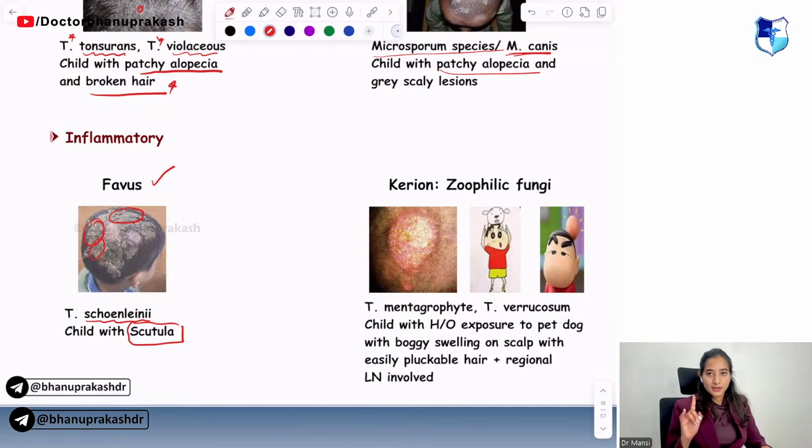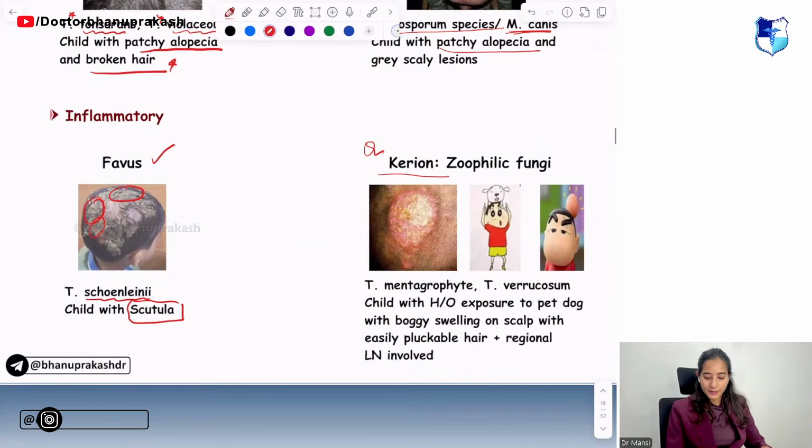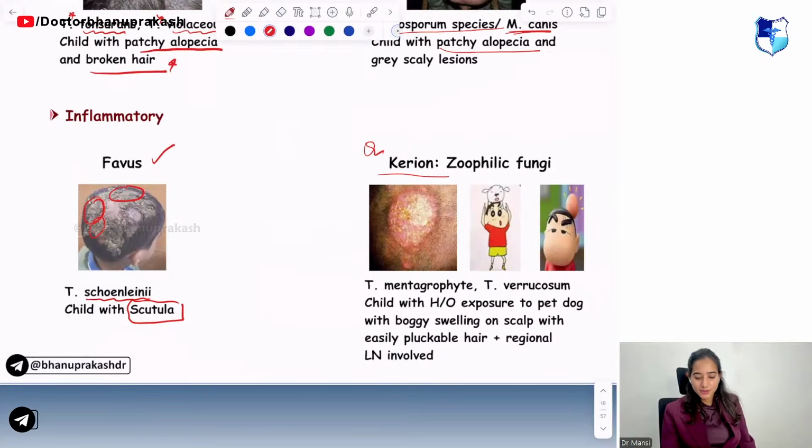And then in the end, we have the Kerion variant, where I've taken the very famous Shin Chan cartoon. Shin Chan used to have a pet dog, right? Children who come with this Kerion finding of tinea capitis have a history of exposure to a pet dog.